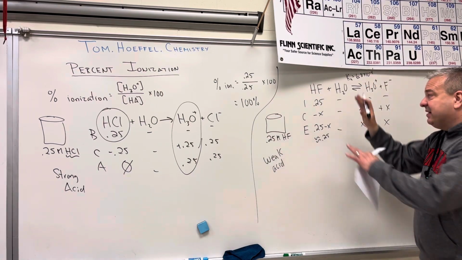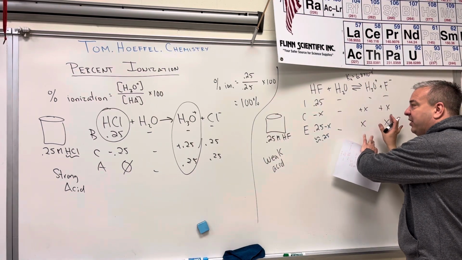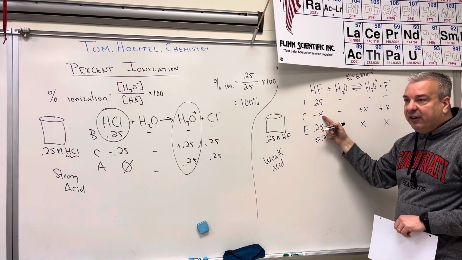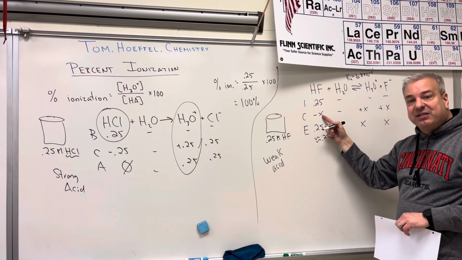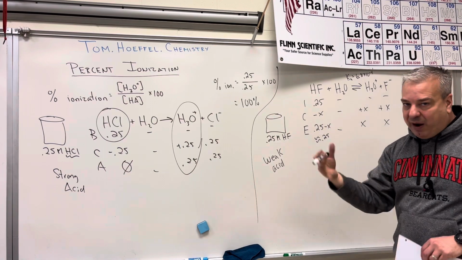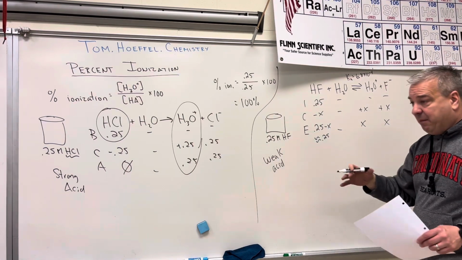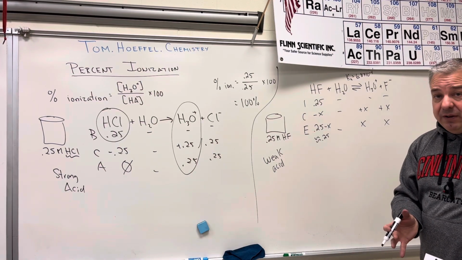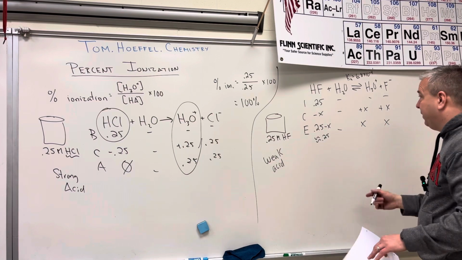And what that means is that this shift to the right is so small that 0.25 minus a very, very small number is still going to be right around 0.25. And by doing the approximation method, I eliminate the requirement of using the quadratic equation, which I'm very thankful for.